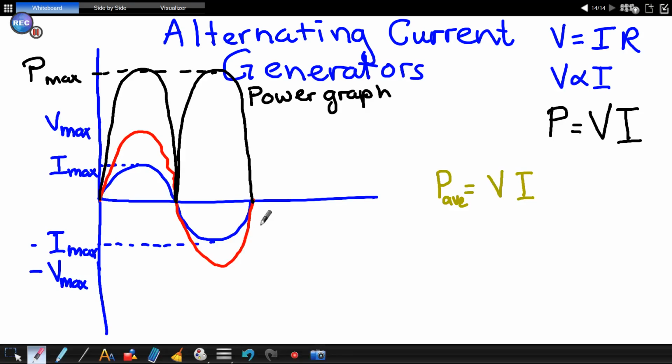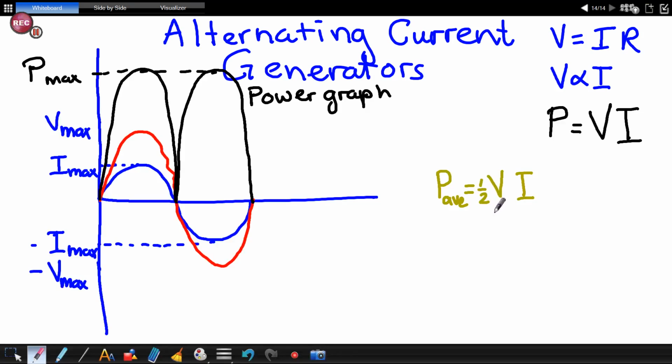The maximum power is not what is available to be used. It's the average power that's available. If you have two quantities and you want the average, you say it is a half.